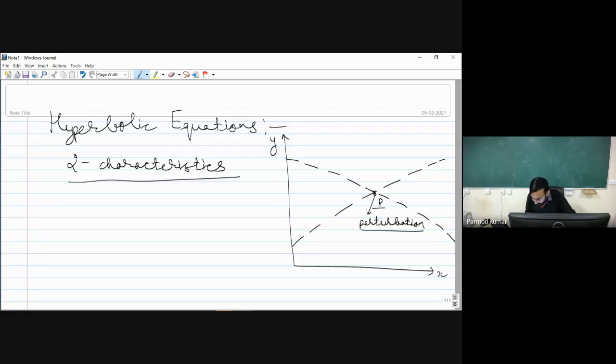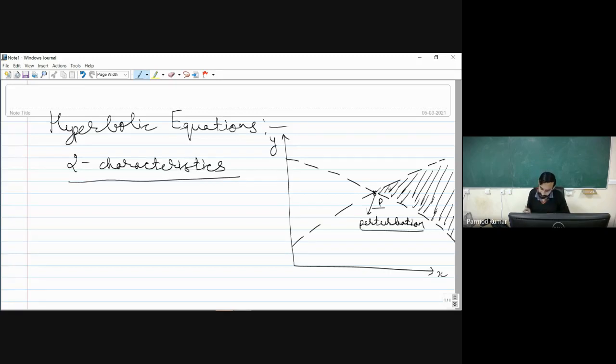You can see the region which is ahead of point P in the x direction. This hatched portion is the region ahead of point P in the x direction, bounded between the two characteristic lines.